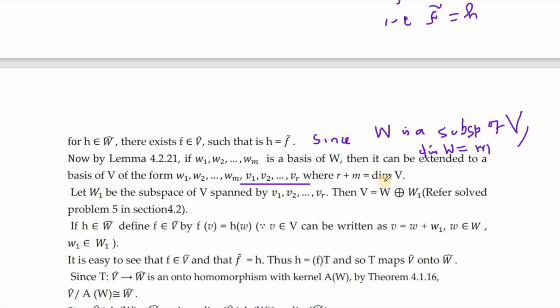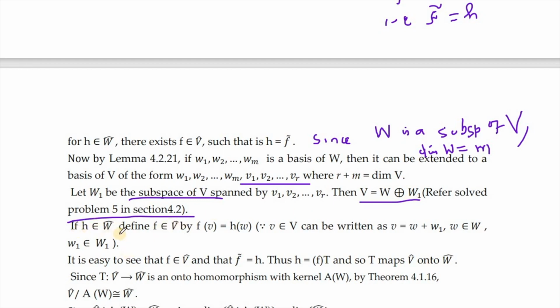Now let W1 be the subspace of V spanned by, we are introducing another subspace. Already W is there. Now we introduce another subspace W1 spanned by v1 etc. vr. Now we have already proved in section 4.2 in solved problem 5 that V is the direct sum of W and W1.